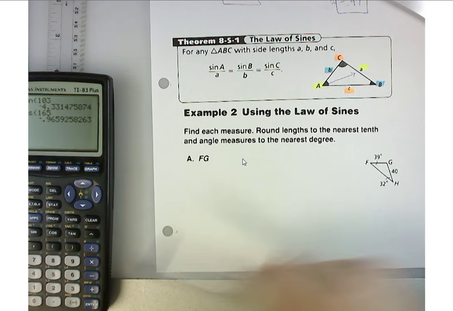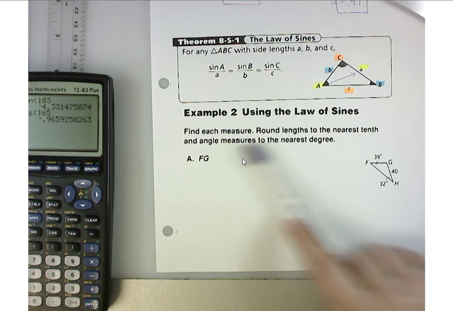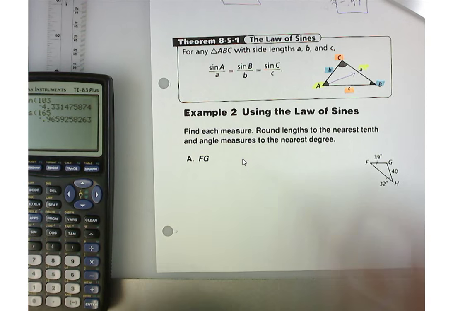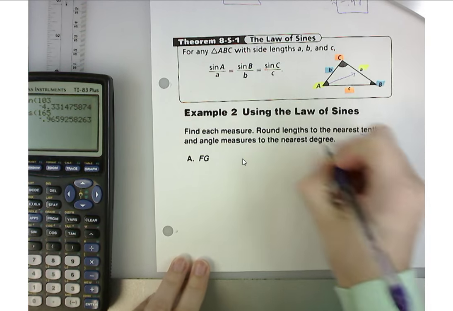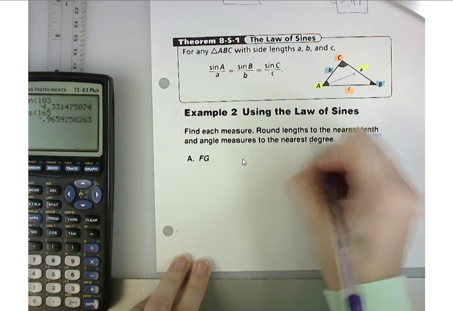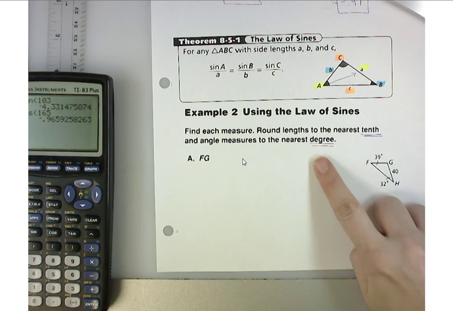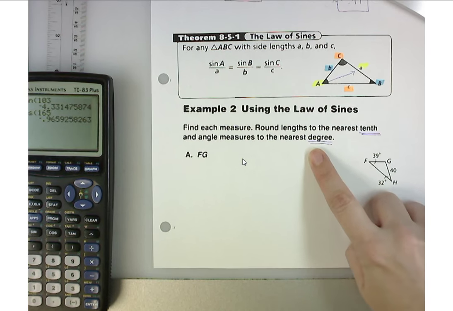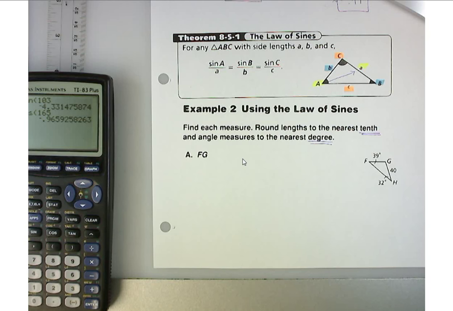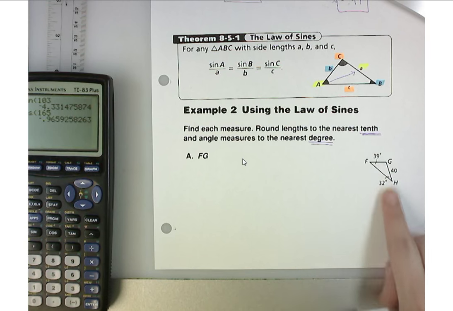For example 2, we're going to find each measure. Round lengths to the nearest tenth, and round angles to the nearest degree. If it's a side length, we round to the tenth, and if it's an angle measure, we round to the nearest degree. This one is nice because I already have 39 degrees and 32 degrees.